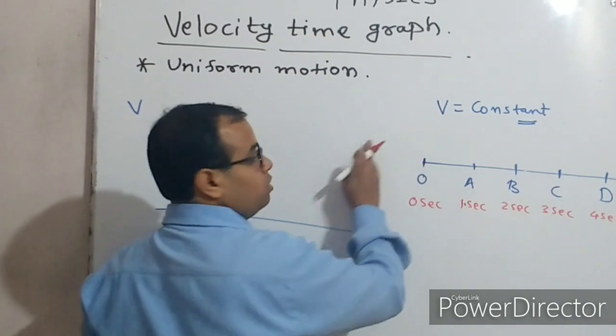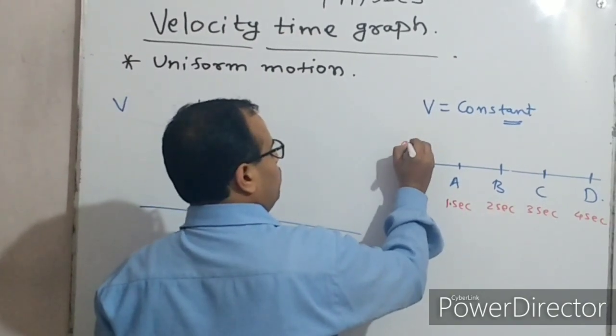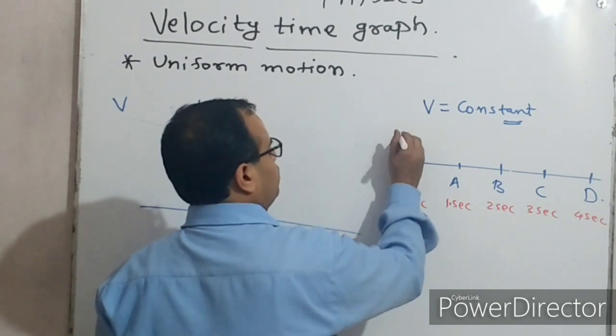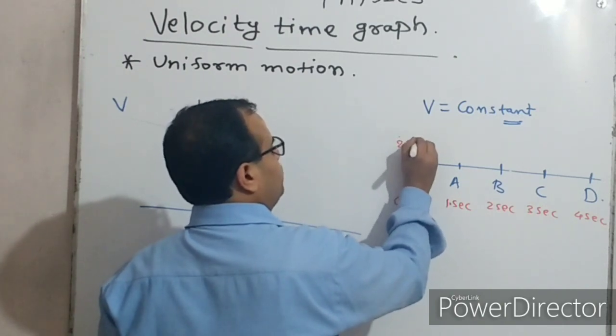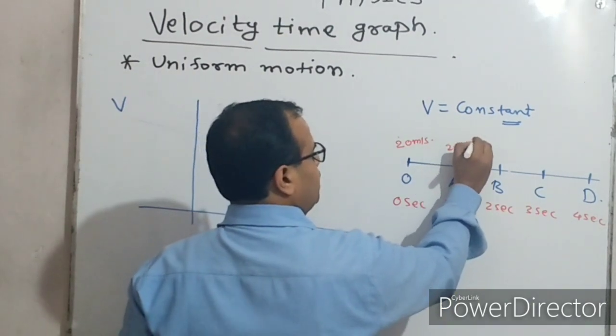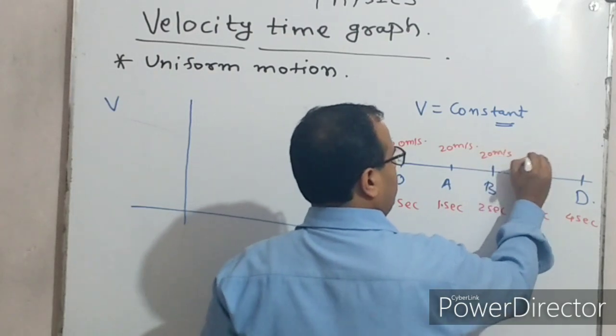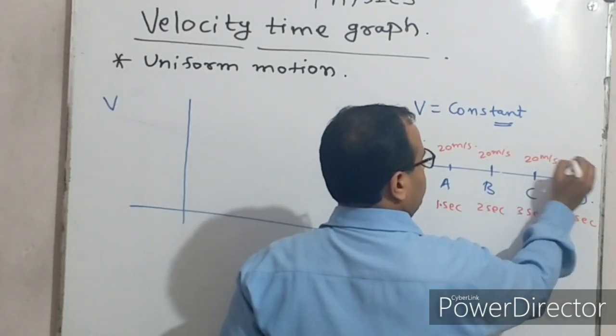Now we are talking in terms of velocity only. So say initially the velocity was 20 meter per second. Here also it is 20 meter per second, here also 20, here also 20, and last also 20.